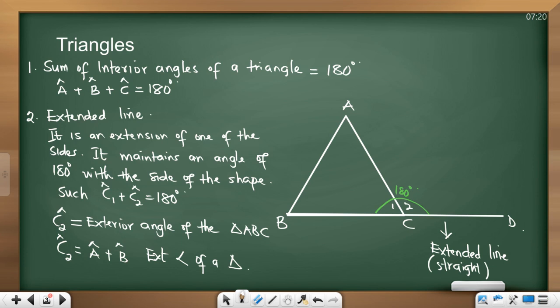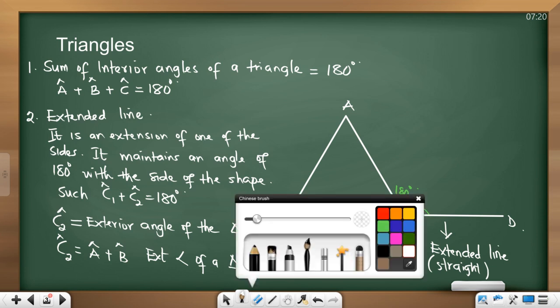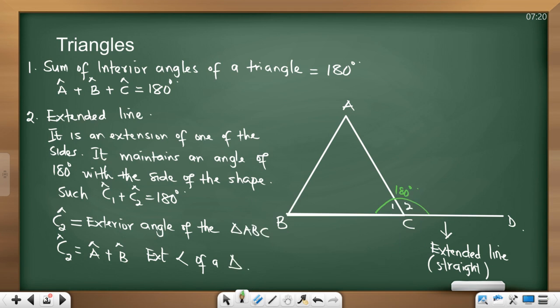When we come to the exterior angle of a triangle, that's how we write our reason. I want to write the whole theorem for you in full. We're saying the exterior angle, or let me write it on the other side of the page.